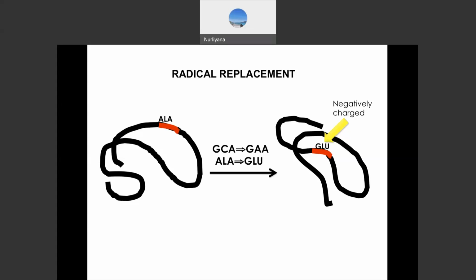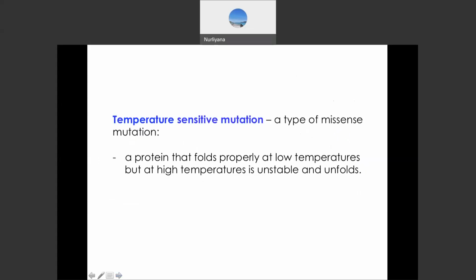So this situation in this slide, we can relate with the explanation here, because there are mutations sensitive towards temperature that involve a protein. We know a protein can fold and then it can function. For a protein to function well, it needs to be folded.